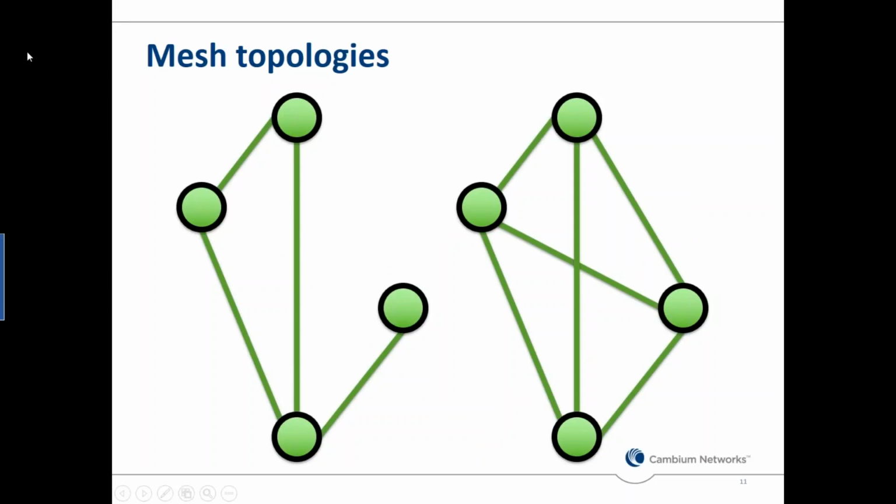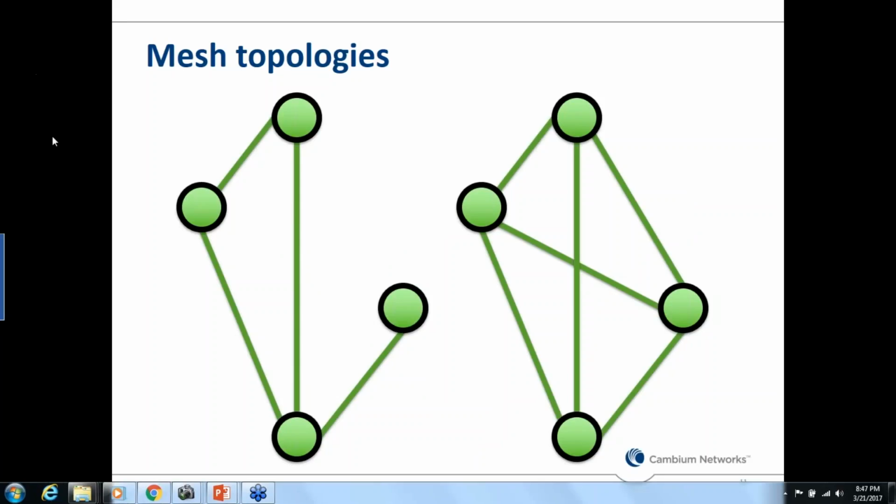Fundamentally, it had one single central point, which all of the other nodes were connected to, and for each one of those nodes to contact another node, they had to go through that central node. So that central node acts basically as a relay between each of the other network nodes. As you can see in the mesh topology here, that's not the case.